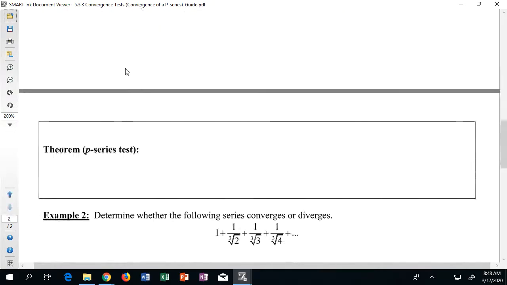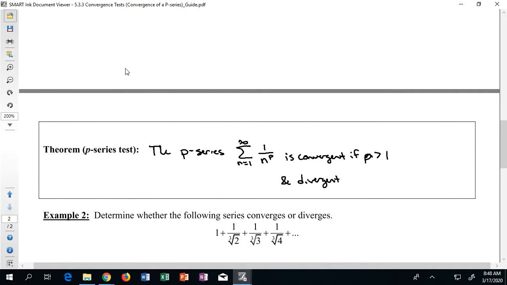Okay. Last thing before we go ahead and work through some of the examples is we'll write down here what we call then our p-series test. So we'll say that the p-series, 1 over n to the p, n starts at 1 and goes to infinity, is convergent if p is greater than 1, and it is divergent if p is any other value.